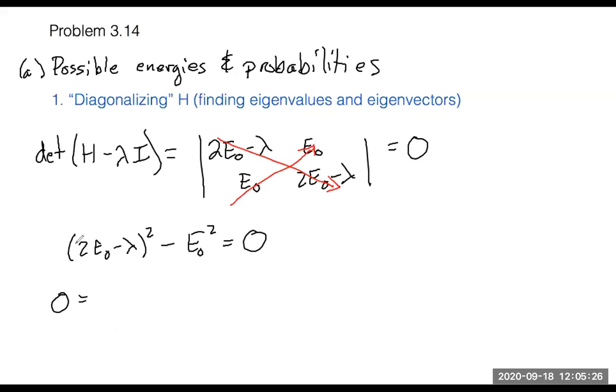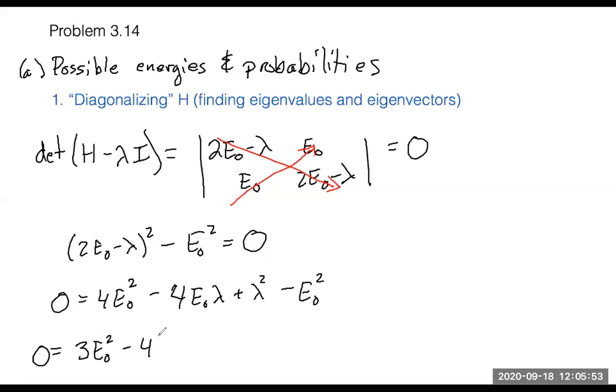Or 0 equals, I'm going to square this out, which is 4E naught quantity squared minus 2 times 2, so this is 4E naught times lambda plus lambda squared minus E naught squared. So 0 equals 3E naught squared minus 4E naught lambda plus lambda squared.